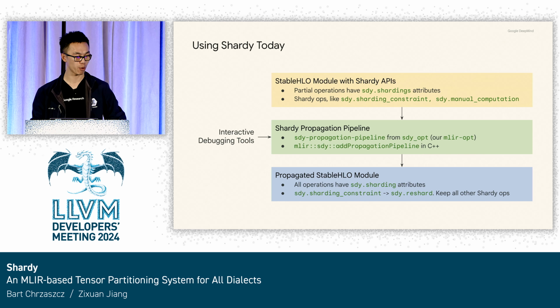We will apply the Shardy propagation pipeline to propagate shardings to the whole graph. You can either use the Python path or the C++ path on the modules with partial sharding annotations. Finally, the result will be the module with the shardings all over the graph.